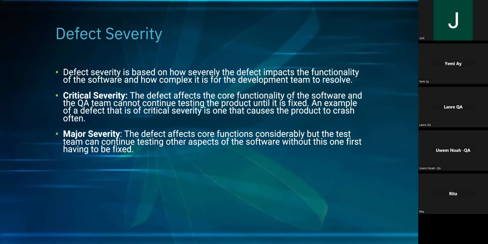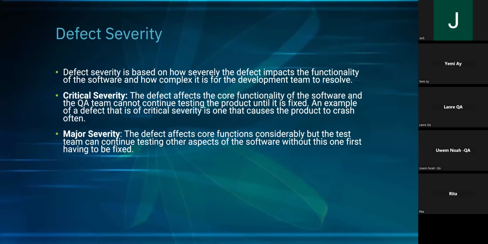Major severity: the defect affects core functionalities considerably, but the test team can continue testing other aspects of the software without the one first having to be fixed. An example would be, you can still log in.